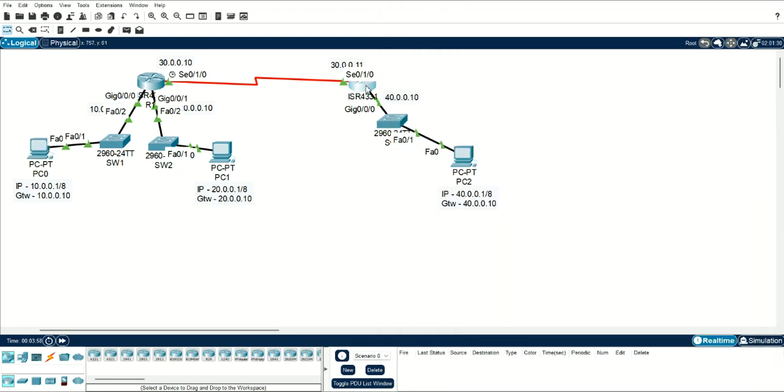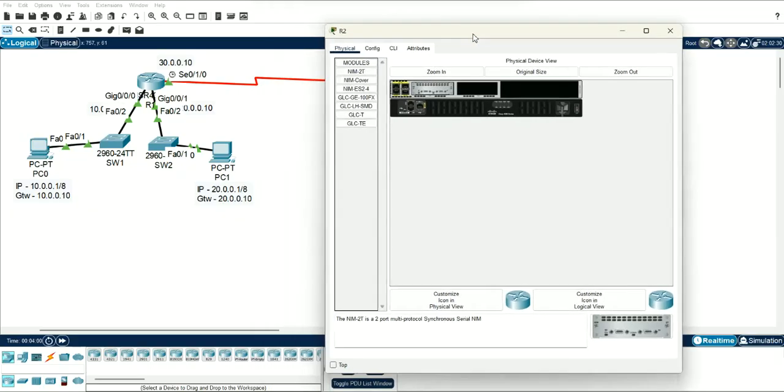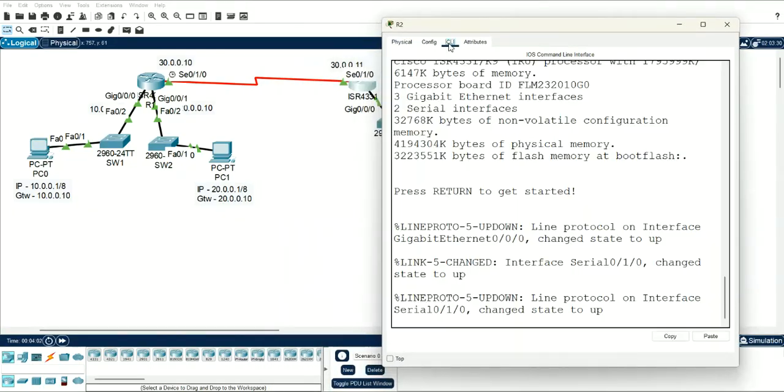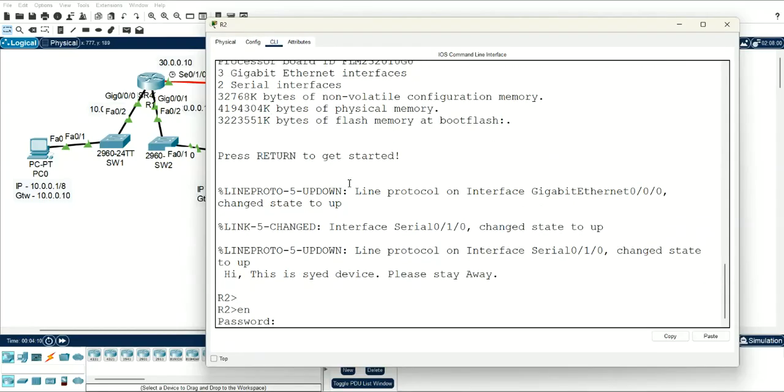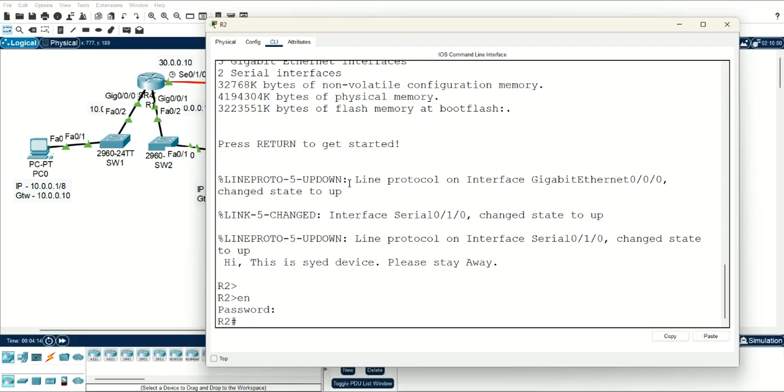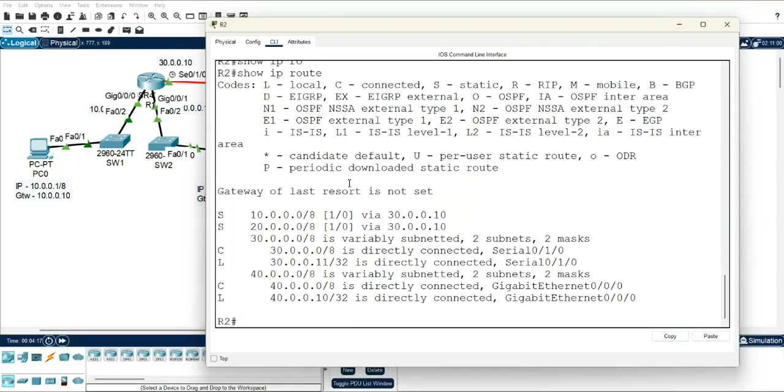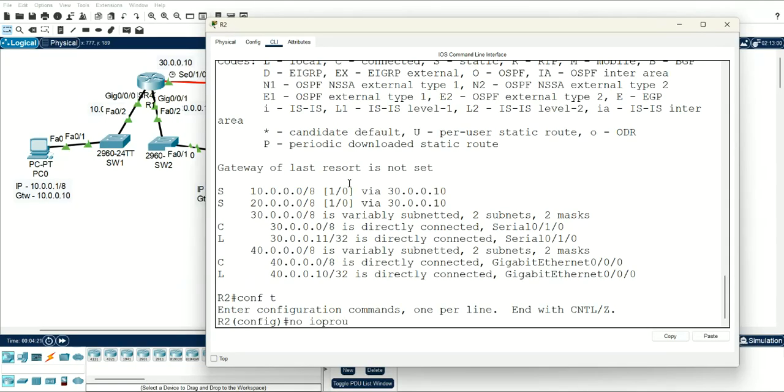Also, I'm going to remove these static routes from this router. Show ip route. These two routes I'm going to remove. No ip route. See, there is one easy way to do this.